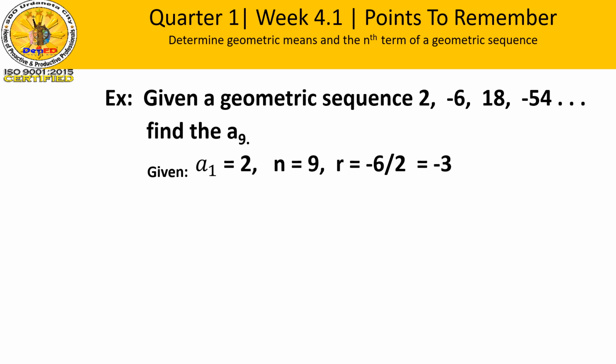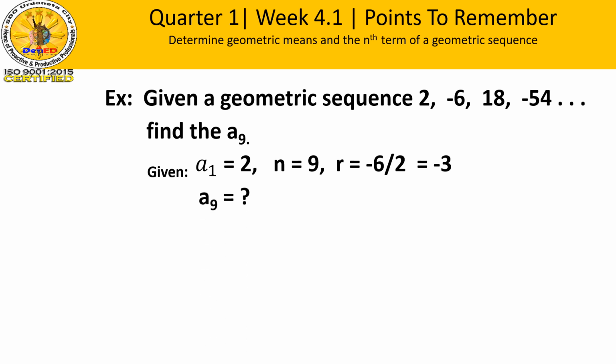The number of terms n is equal to 9 because we are finding the value of a sub 9. r is equal to the second term divided by the first term, so negative 6 divided by 2 is equal to negative 3. Therefore, the ratio is negative 3.